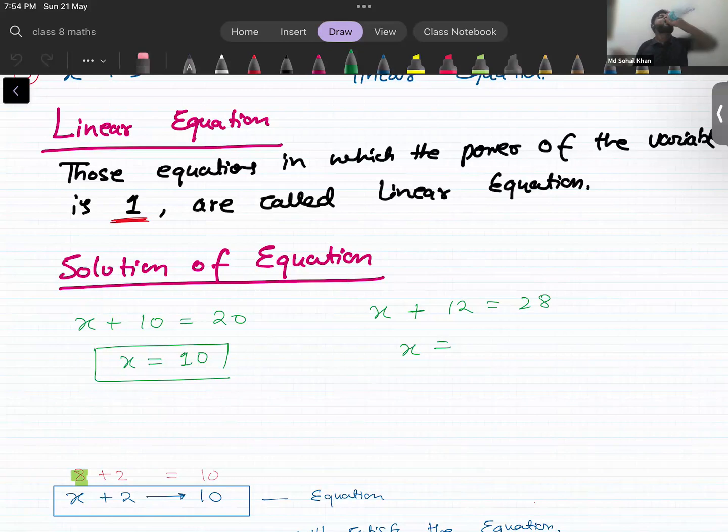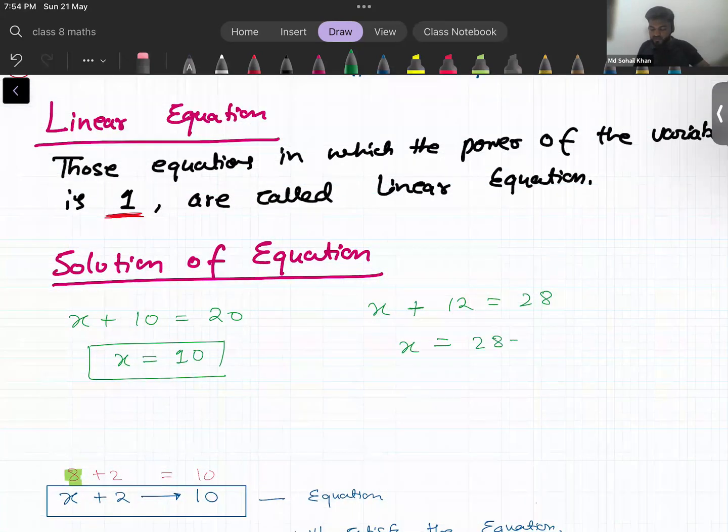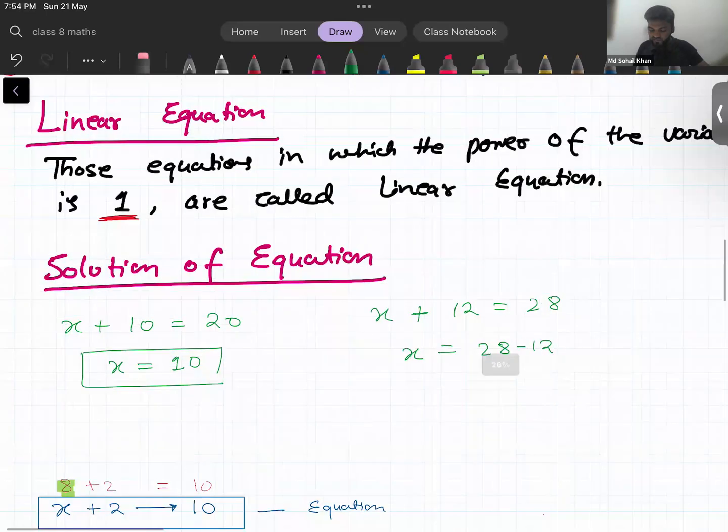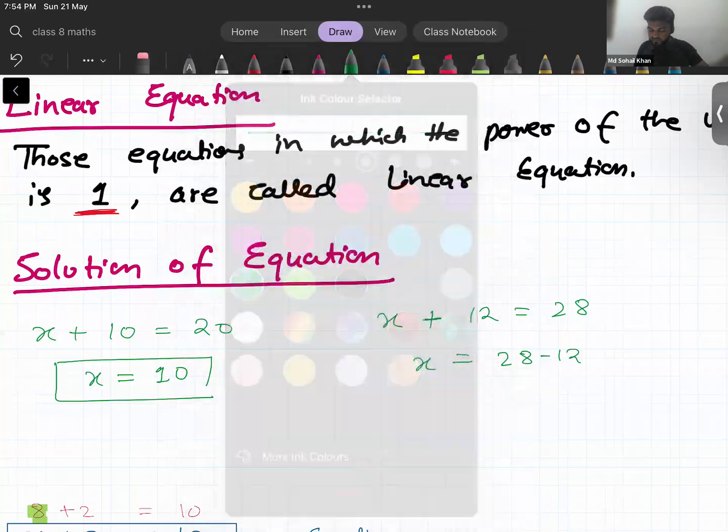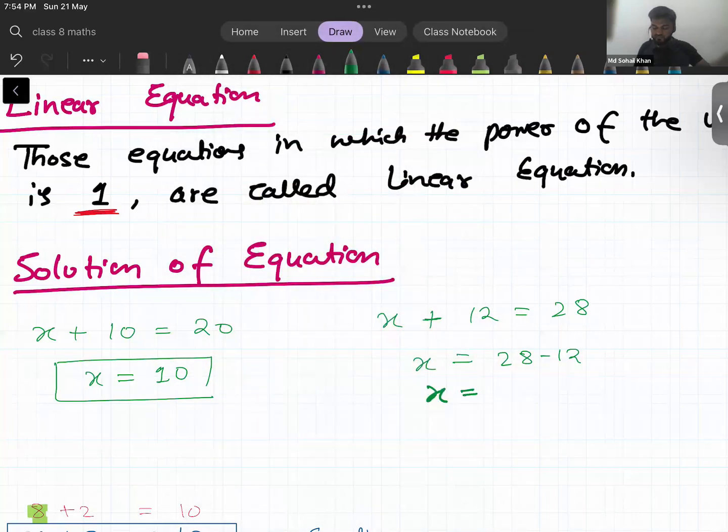We will transpose the number to the right side, 28 minus 12, that will be 16. So the solution of this equation is 16 here.